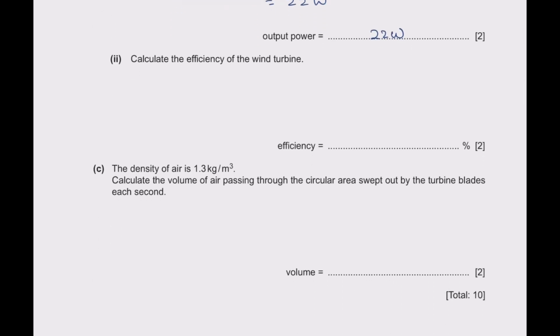Now calculating the efficiency. Efficiency, we know, is output power upon input power, and in terms of percentage we have to multiply it by 100. So if I put the values here, 22 is the output power, 240 is the input power, into 100.